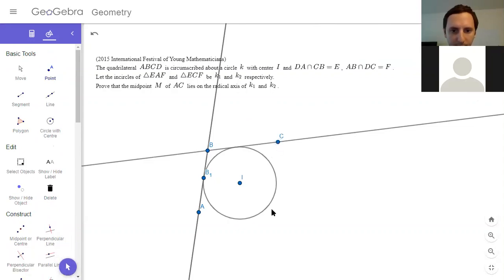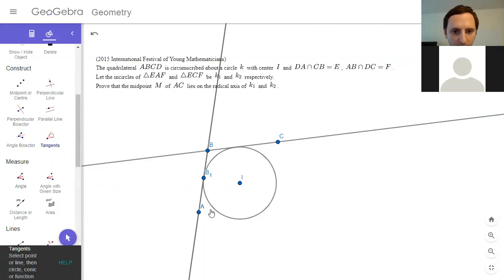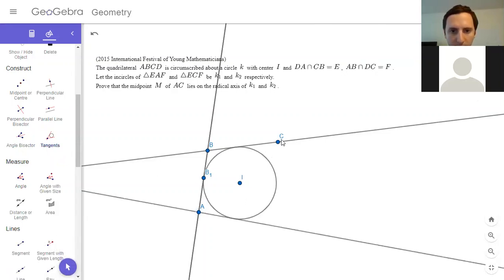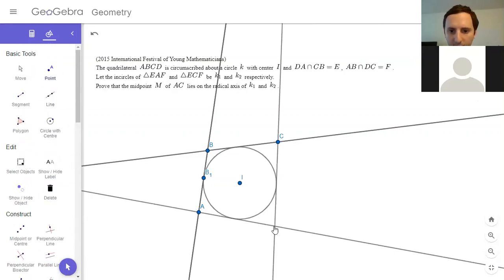C. Okay. So we have a circumscribed quadrilateral.